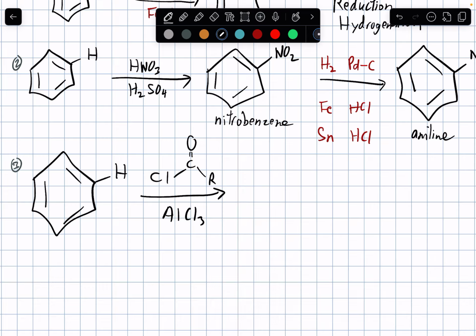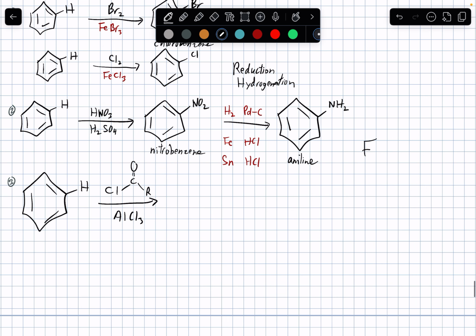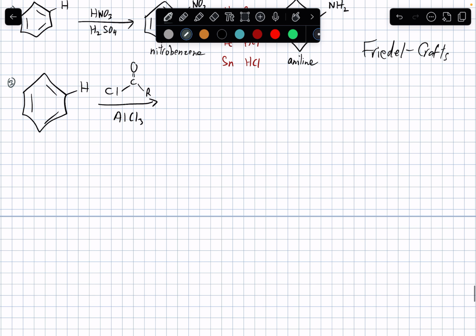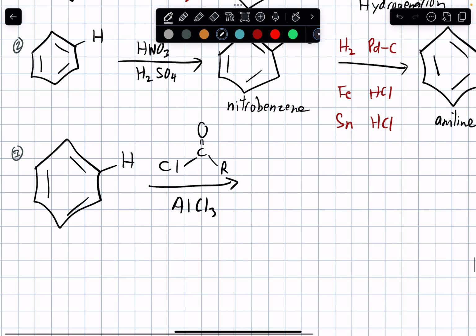Yeah, we perform reduction of acyl benzenes. Acyl benzene is the product that you get from FC acylation. FC is short for Friedel-Crafts, because two people discovered this kind of reaction together with actually the fifth one. I'll discuss the fifth one later. For now, let's stick first with FC acylation.